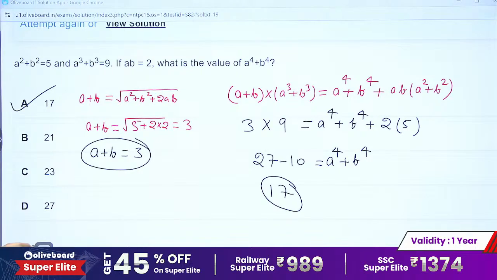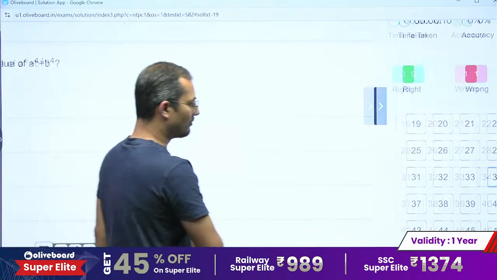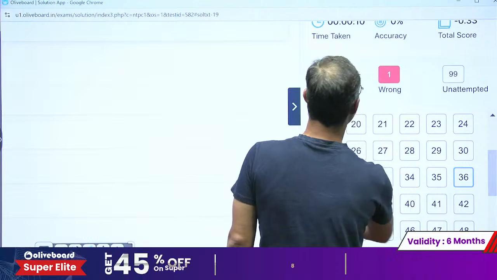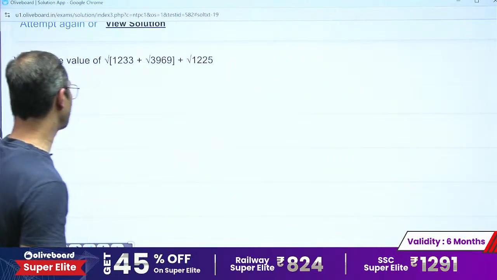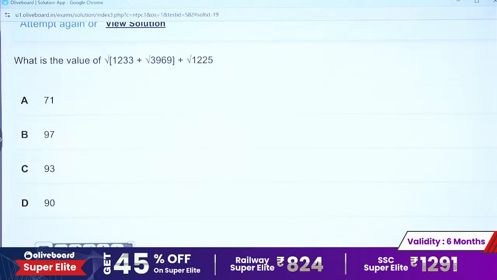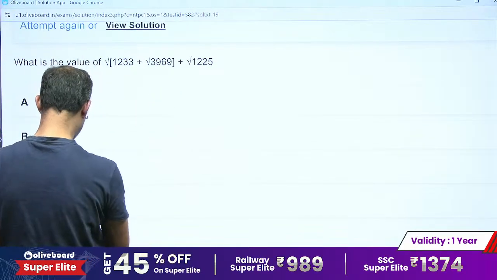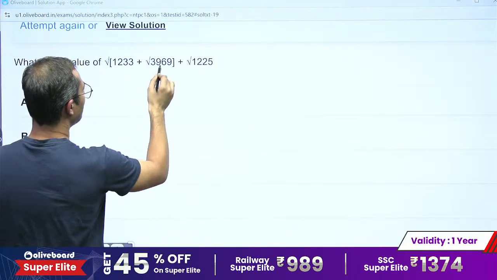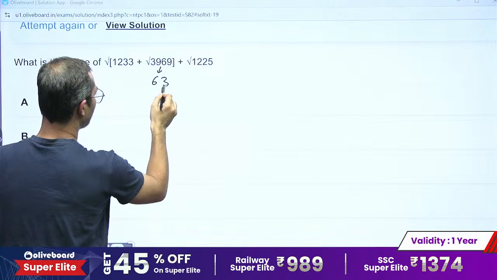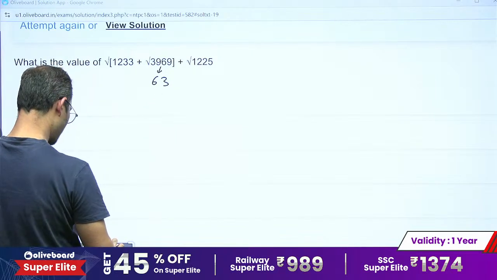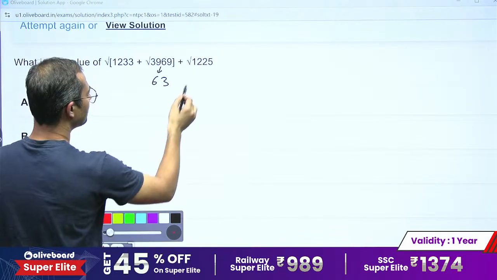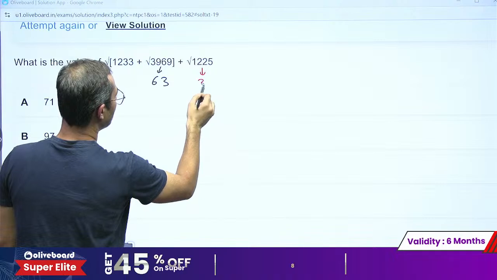So moving to the next question. Now tell me what is the answer for this question. Again a very easy question. This is the square root of 63, and this is the square root of 35.